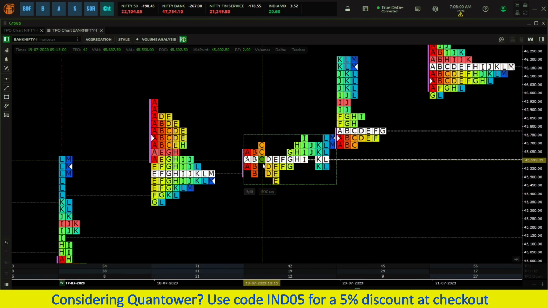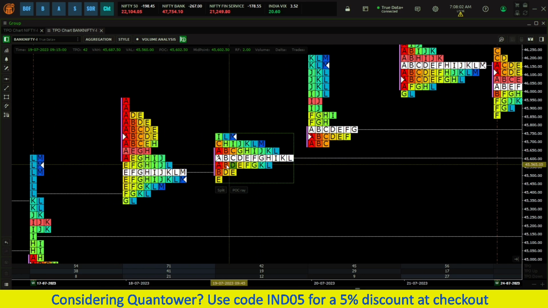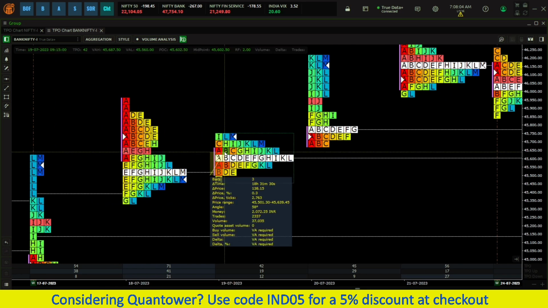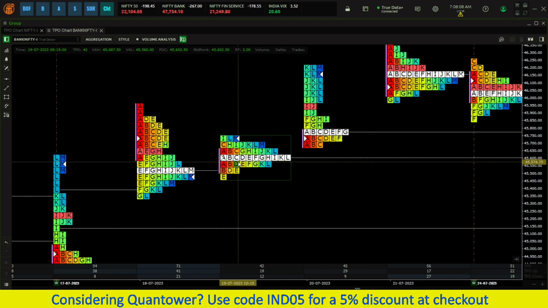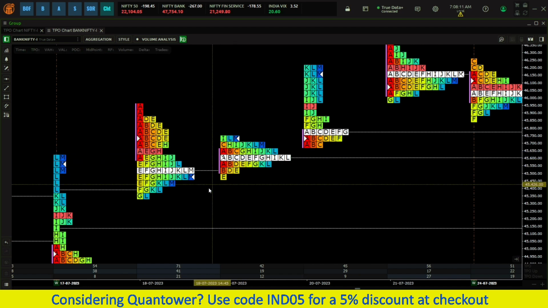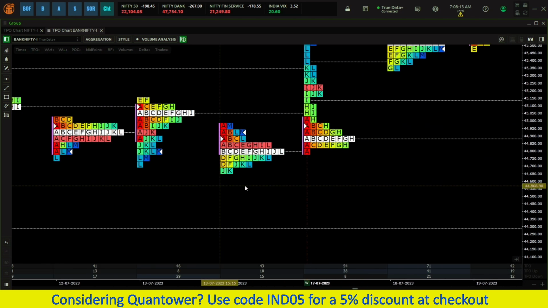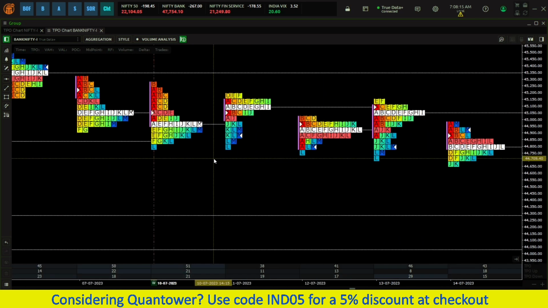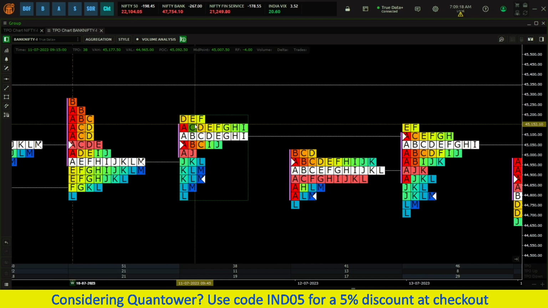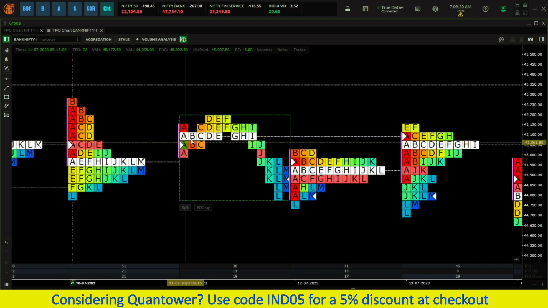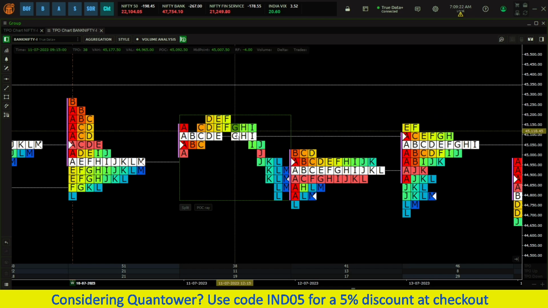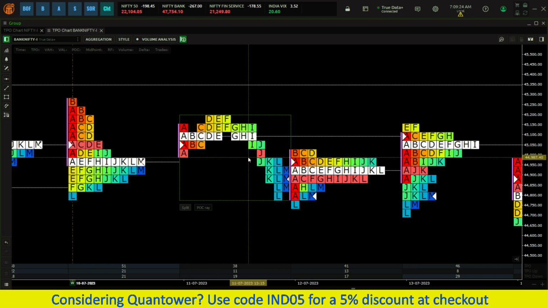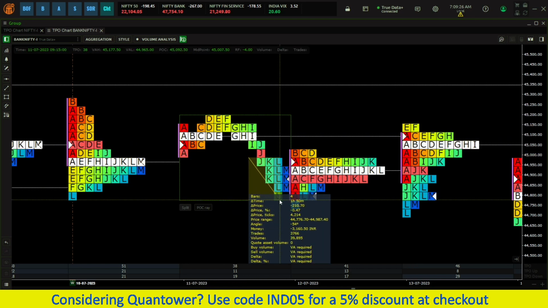So here is one more example. But this IB is very small, so this is not a neutral day, this is a non-trend day. We're going to also discuss non-trend day. So just now I discussed an example, right? We will get a breakout on one side, and sometimes it will also continue on the opposite side.